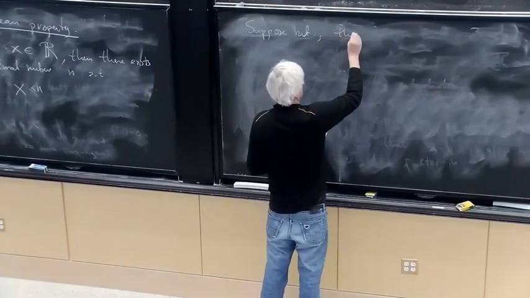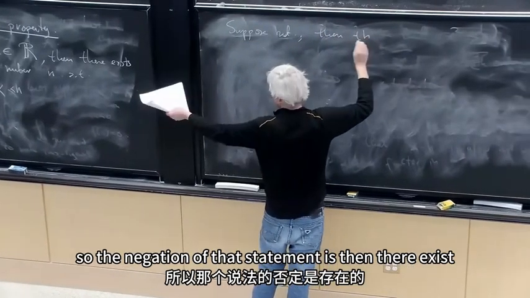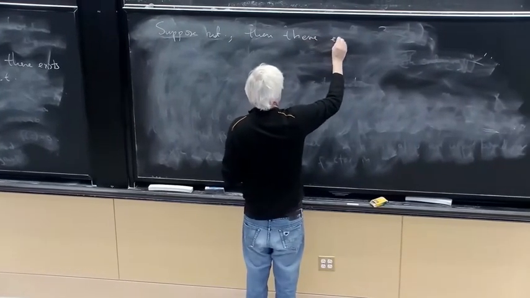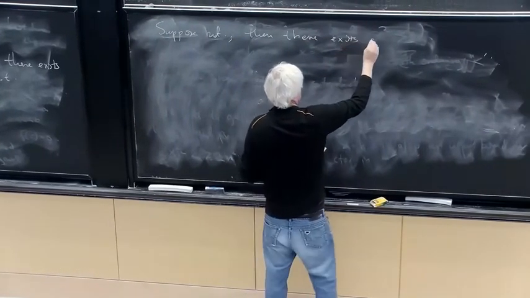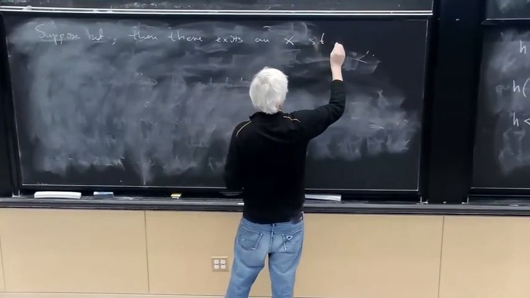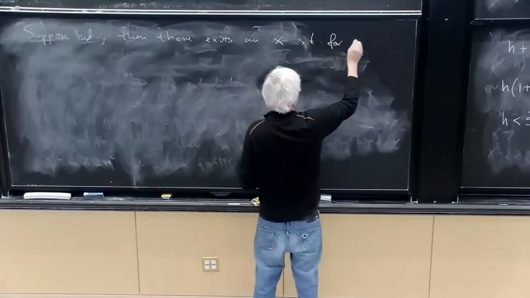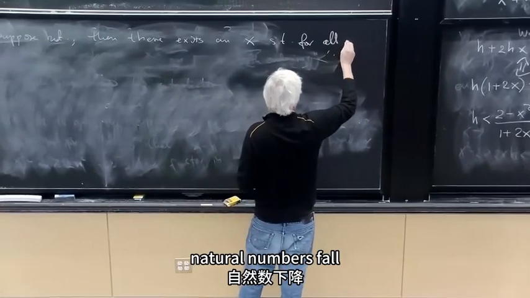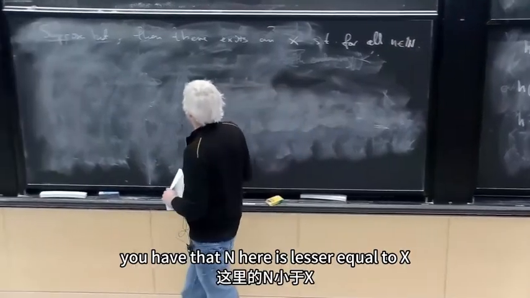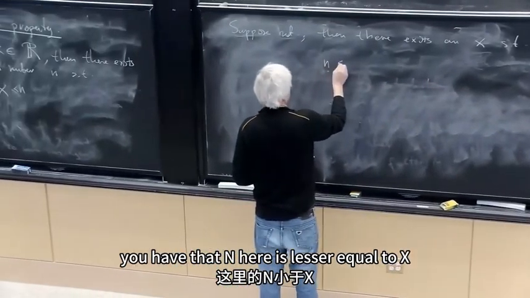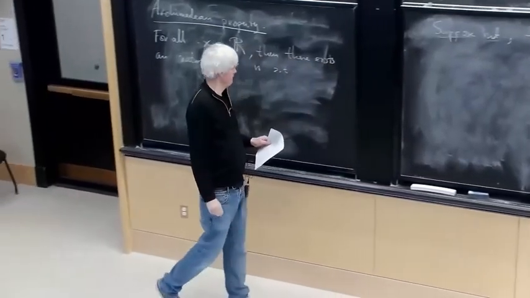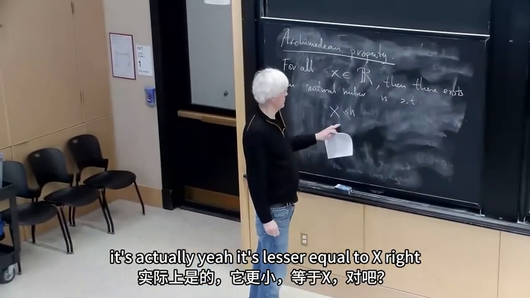Then the negation of that statement is that there exists an x such that for all natural numbers n, you have that n here is less than or equal to x, right?